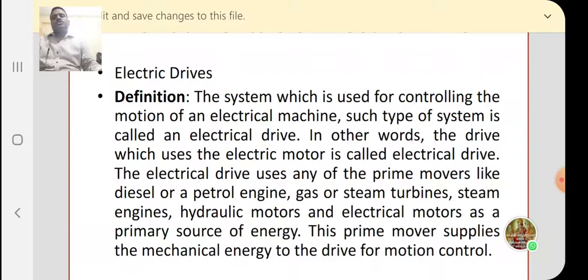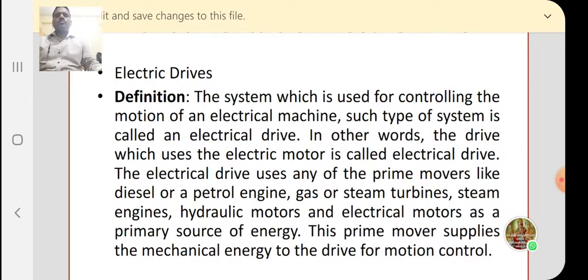Some applications are discussed here where we use drives, for example, air conditioner, washing machine, electric car, electric vehicle, locomotive train, and industrial applications such as rolling mills and textile mills, where controlled motion is used in the machine.